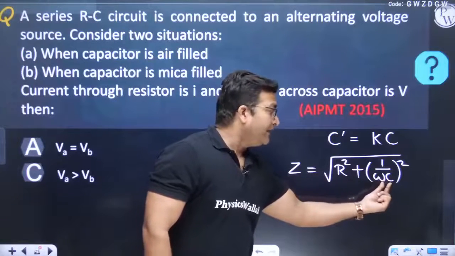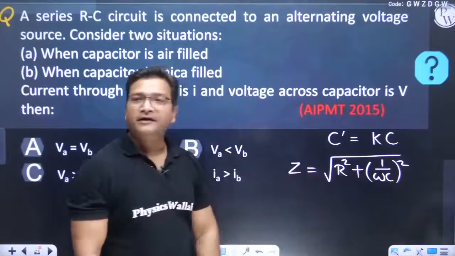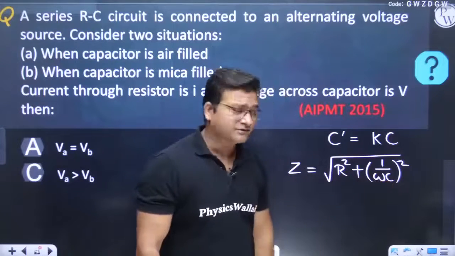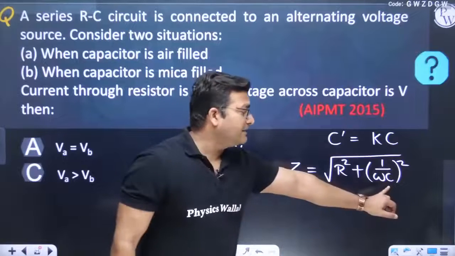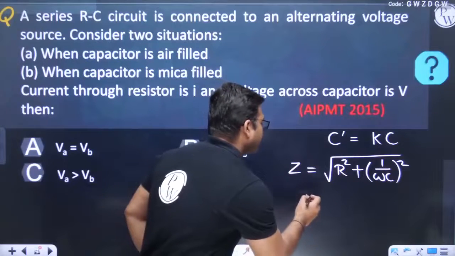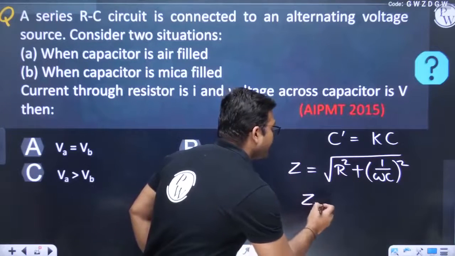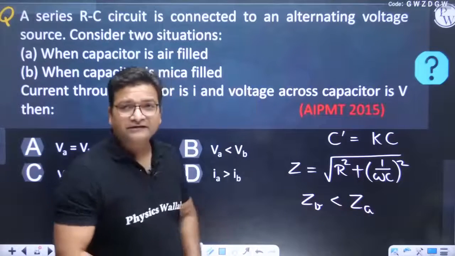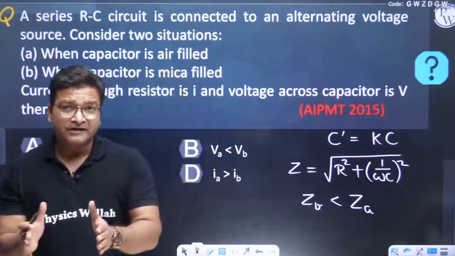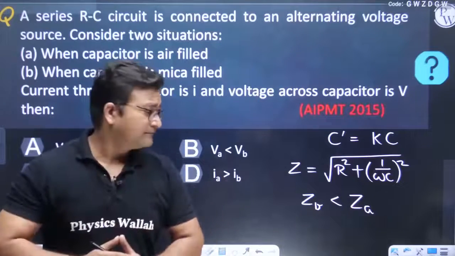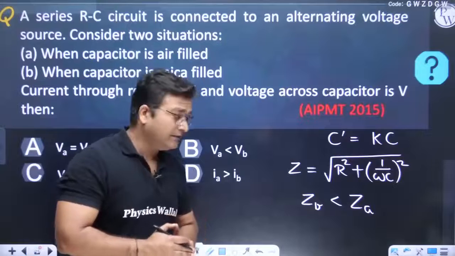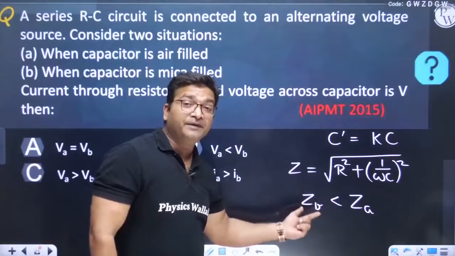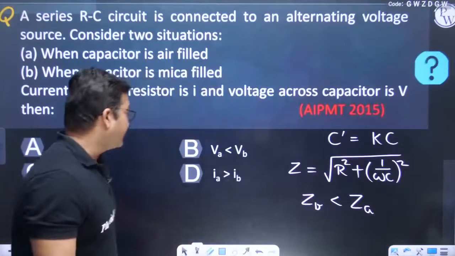So if C increases, the Z decreases, because we have capacitance in the denominator. So ZB is smaller than ZA. And as current is V naught by Z, current will be bigger when Z is smaller. So current in case B is bigger than current in case A.